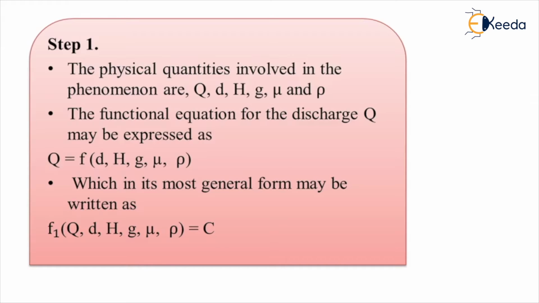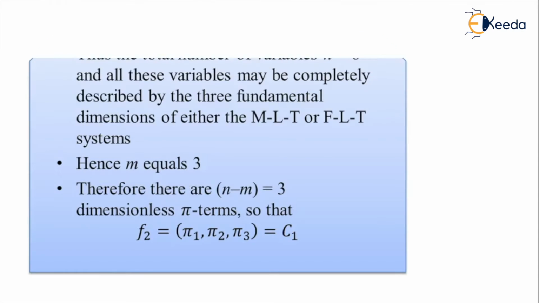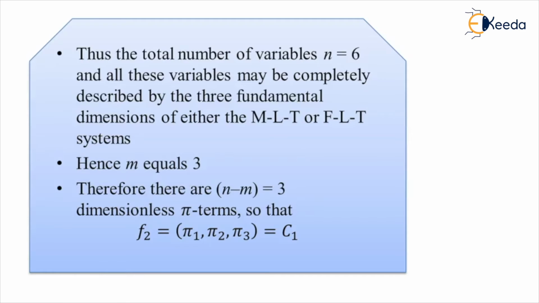Here in this equation, we have 6 variables, so the total number of variables n is equal to 6. All these variables may be completely described by the 3 fundamental dimensions of either the MLT or FLT system. Hence, m is equal to 3. Therefore, there are n minus m equal to 3 dimensionless pi terms, so that f2 is a function of pi 1, pi 2, pi 3, which is equal to c1.